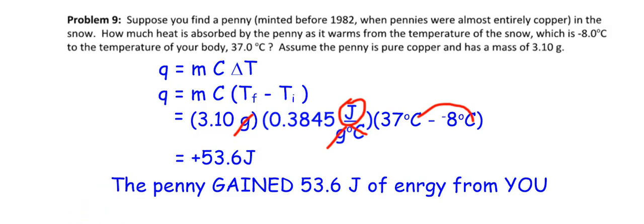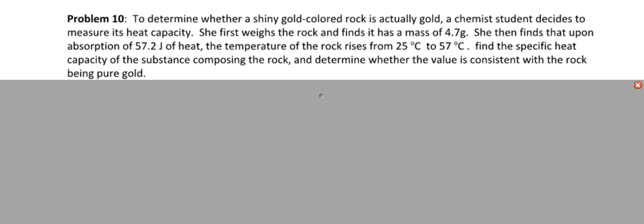Okay, so let's look at problem number 10. Basically what's going on here is that you find a rock and you're hoping it's gold. Wouldn't that be pretty cool if it were? So being the chemist that you are, you perform this experiment on it. You weigh it, you put some heat into it, you find out the change in temperature, and you're going to find its heat capacity.